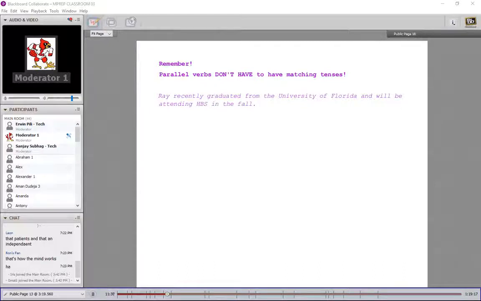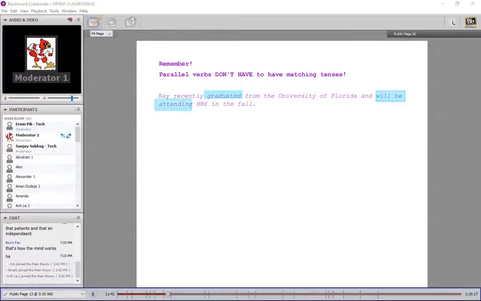One of them is this, and the other one is this. Give me a smiley face if it makes sense to you that these do not have to be in the same tense, and in fact, they can't be in the same tense. Give me one of those blue faces if that doesn't make sense.